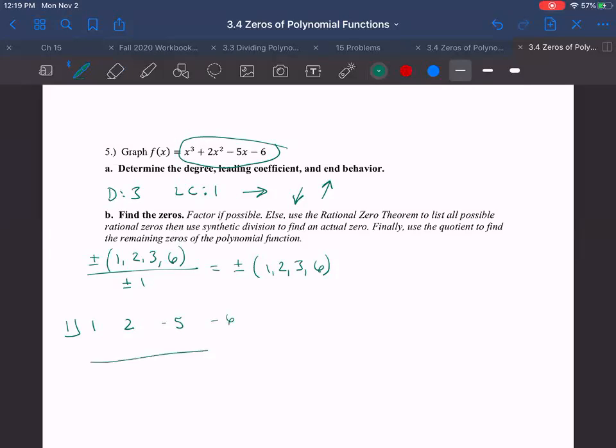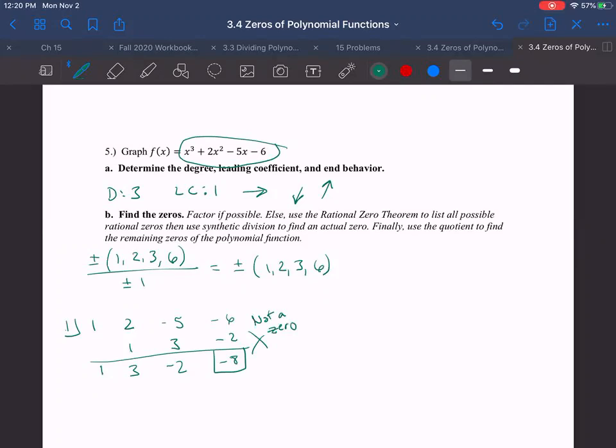I'm going to bring that 1 down, and then 1 times 1 is 1. 2 plus 1 is 3. 1 times 3 is 3. -5 plus 3 is -2. 1 times -2 is -2, and that's a -8. So no, this is not a 0 because we didn't get a remainder of 0.